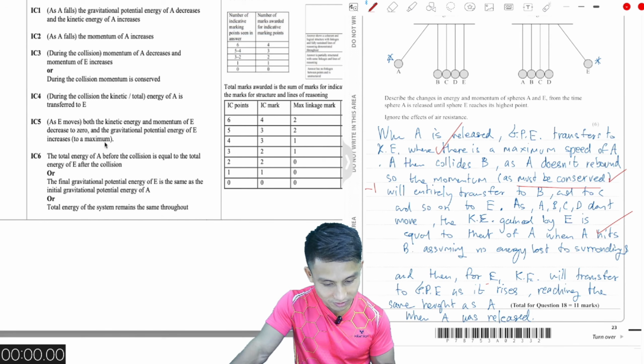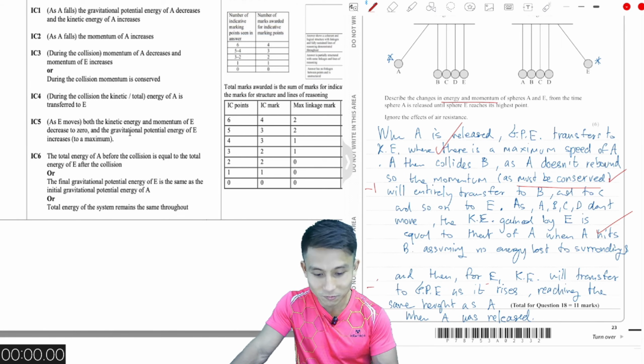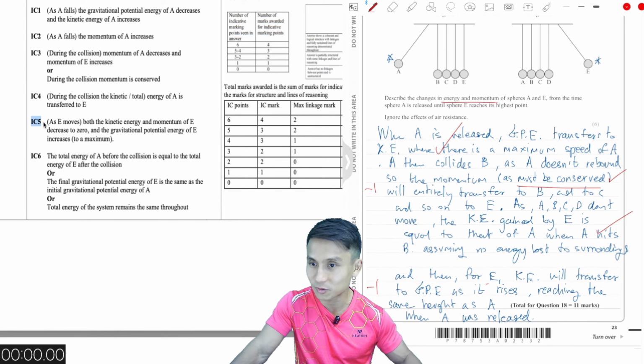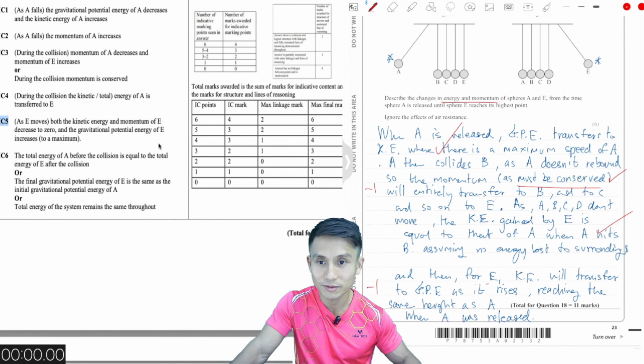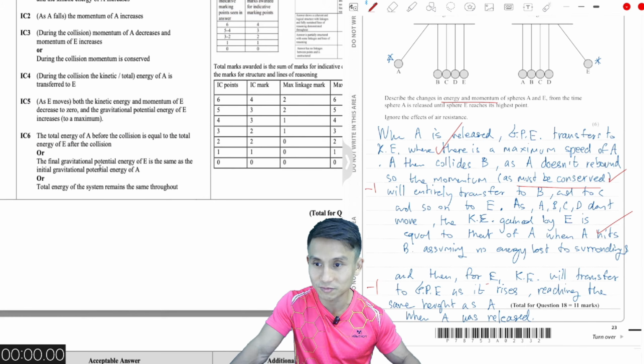Assuming no energy loss. Okay. For E, KE will transfer to GPE as it rises. Yeah, I didn't quite say the momentum. I forgot because they say that I need to speak in terms of energy and momentum there. Right. So I have one mark down here for 0.5. I didn't cover that. So if I have the total energy of A before collision is equal to the total energy of E after collision. Final gravitational potential is the same as total energy remains the same throughout.